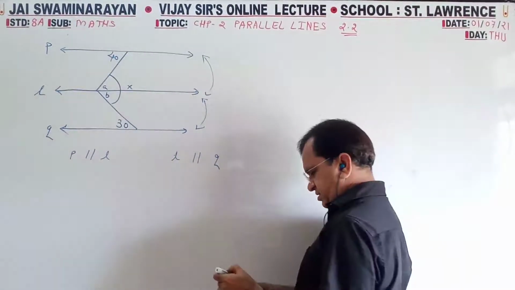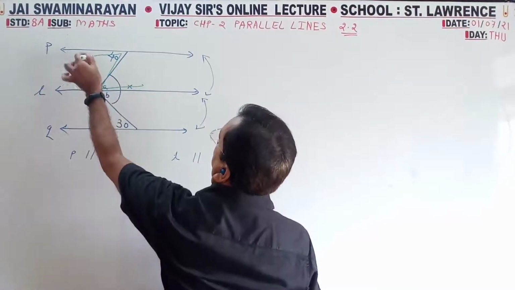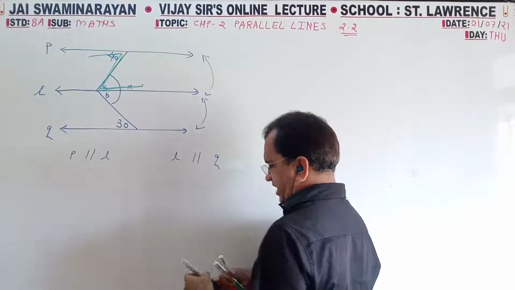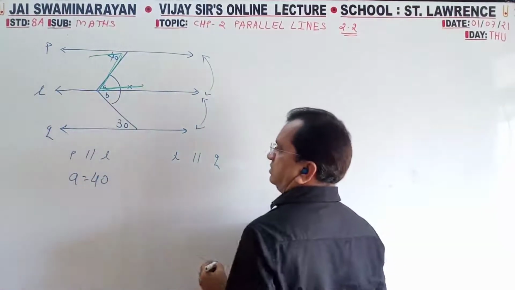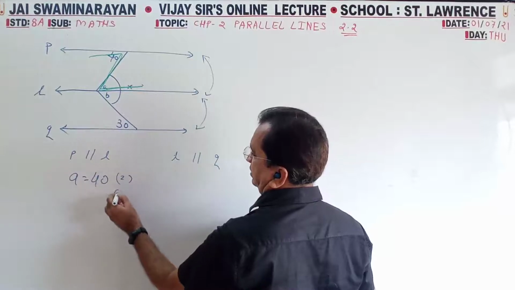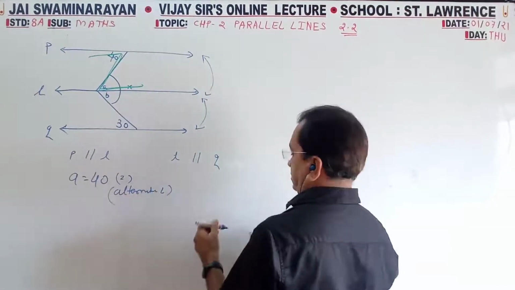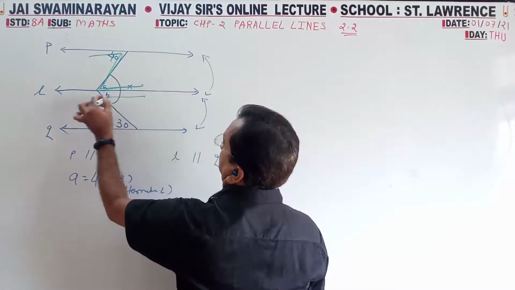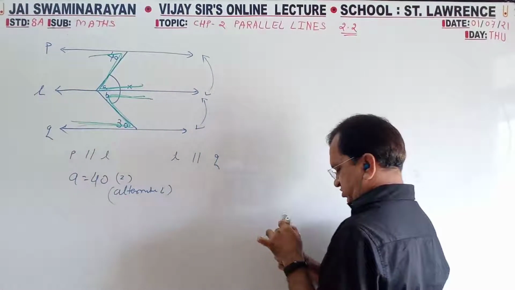So here, are you observing Z? 1, 2, 3. 1, 2, 3. Z. So A is equal to 40. Z shape means alternate angle. Here also you are observing Z. B is equal to 30.